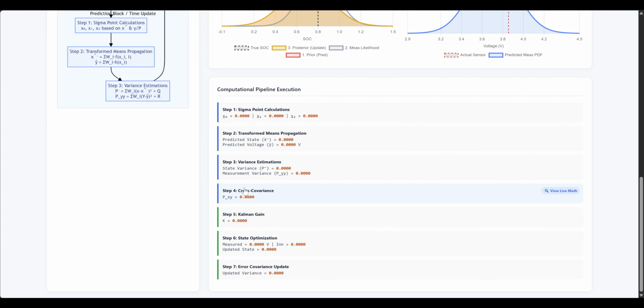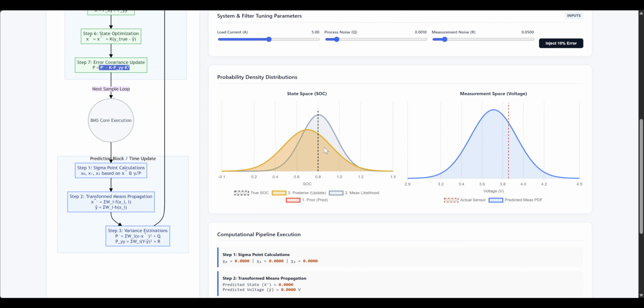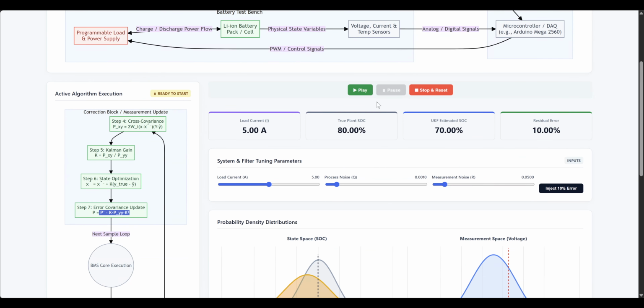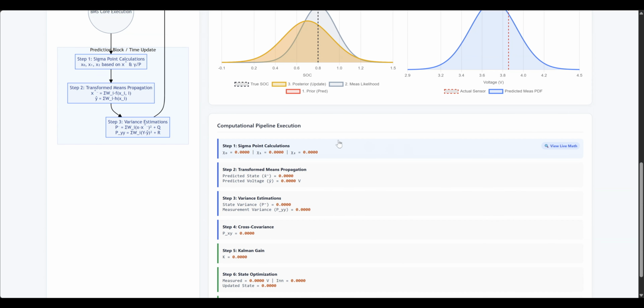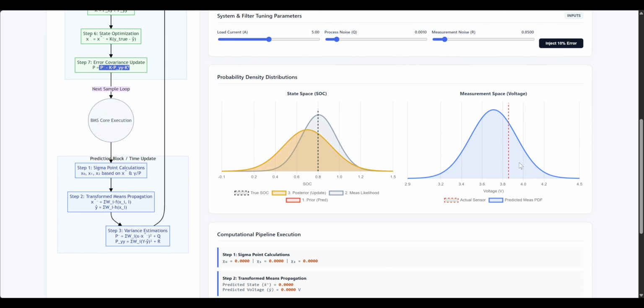Based on that, we will also try to see how the Gaussian looks like and what is happening live with the errors as well as the estimations. In the next video we will take a deeper dive into the sigma point calculation as well as the curves that we are having.